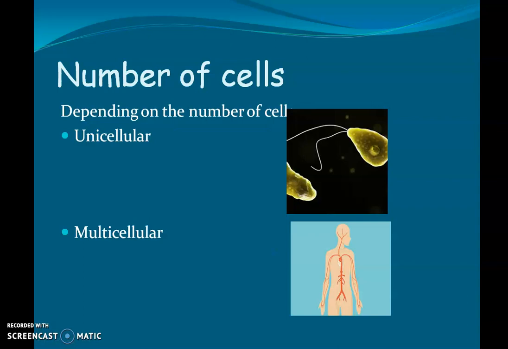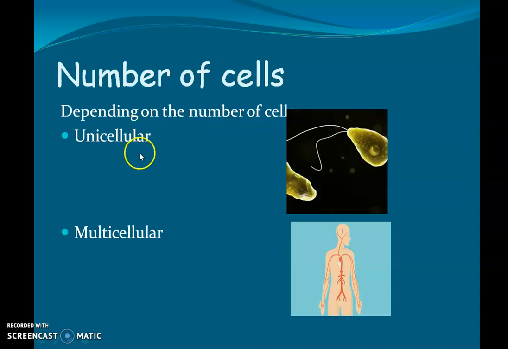Imagine a tree in a forest, or the birds, or the animals, humans, or anything that is living. All of them are made up of cells. And many cells organize to form a living organism, while some organisms like bacteria are made up of only a single cell. Based on the number of cells, there are two types of organisms, unicellular and multicellular.